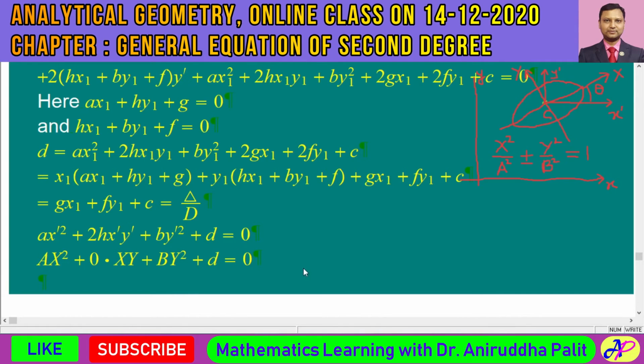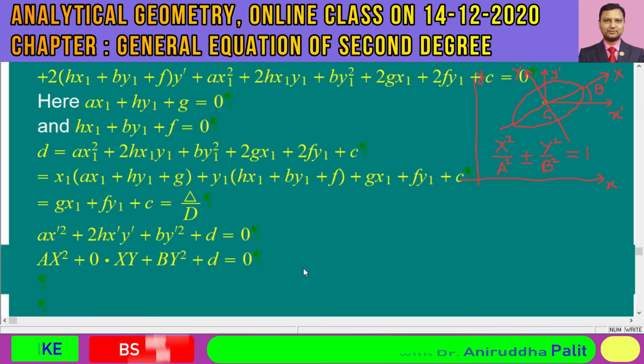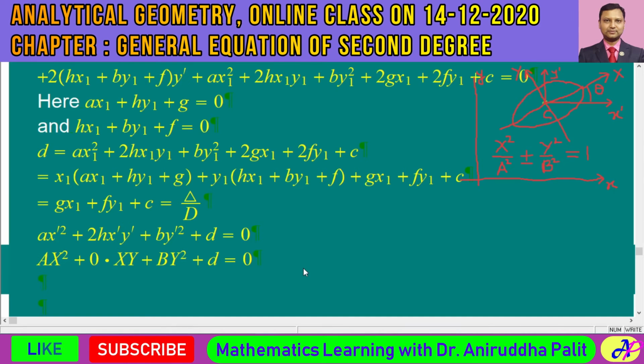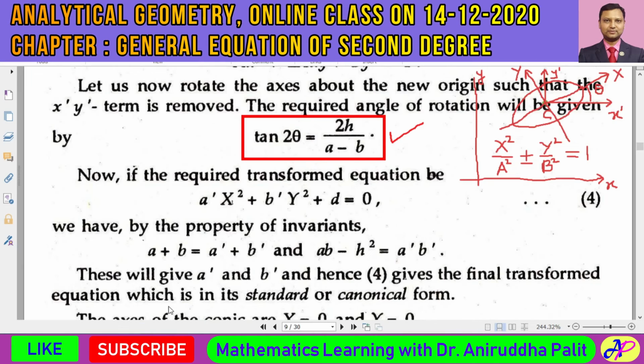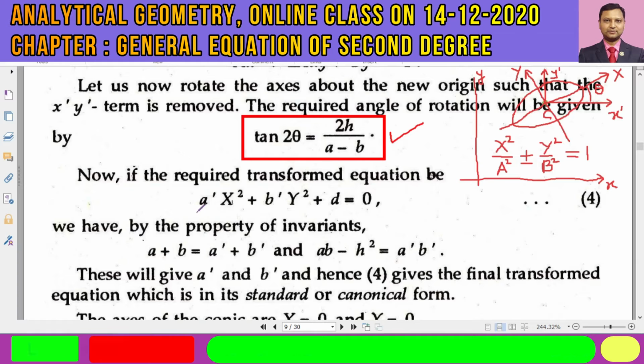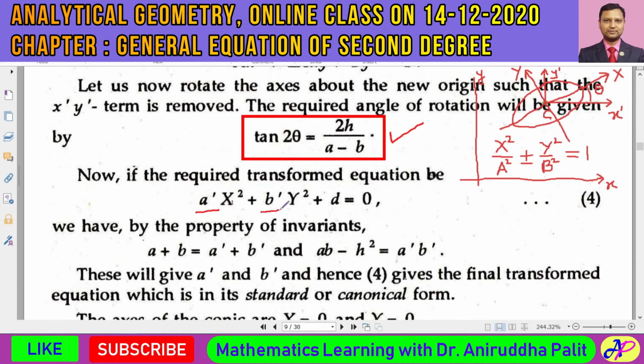So now if we apply the theory of invariants, then what we shall have over here, in place of capital A, in your book they have taken a prime, probably. Yes, a prime. In place of capital A, they have taken a prime and b prime.